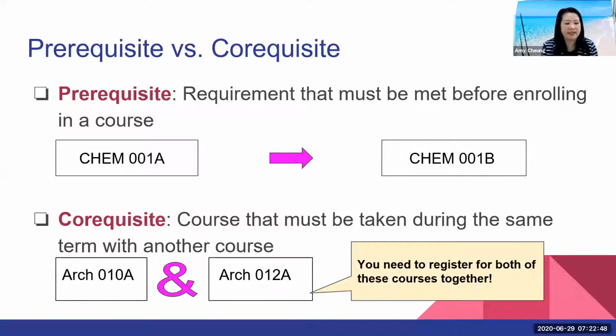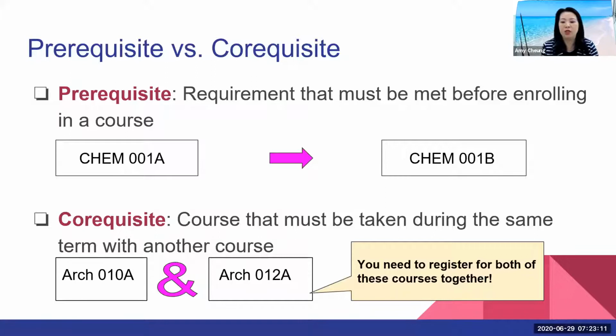So Architecture 10A has to be taken together with Architecture 12A. They are co-requisite to each other. You can find the prerequisite or co-requisite on the schedule of classes, which we're going to show you later, so you know where to look for it.